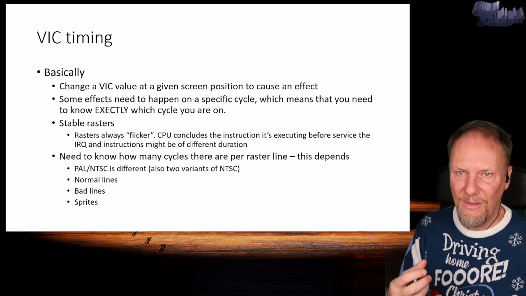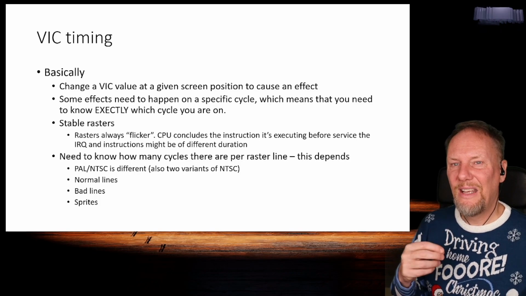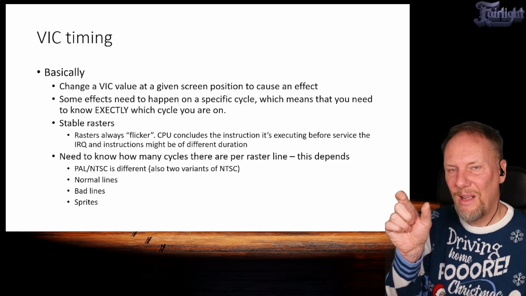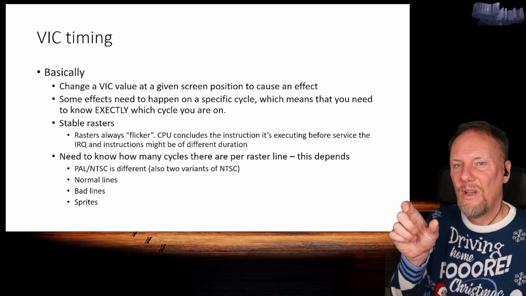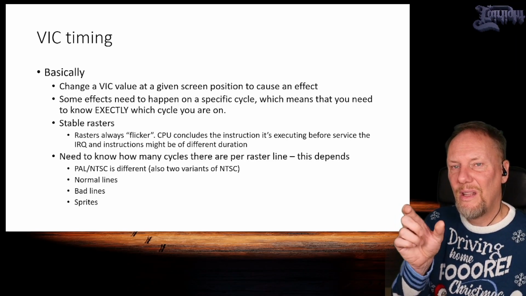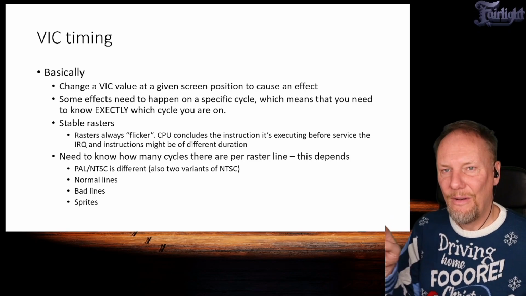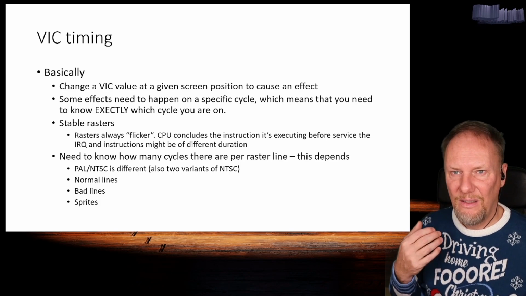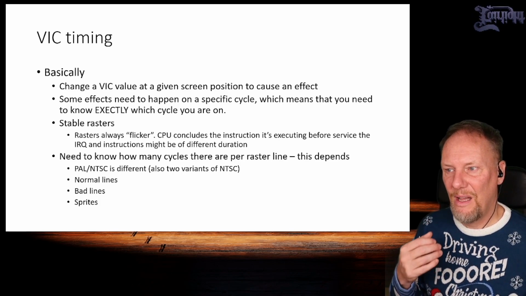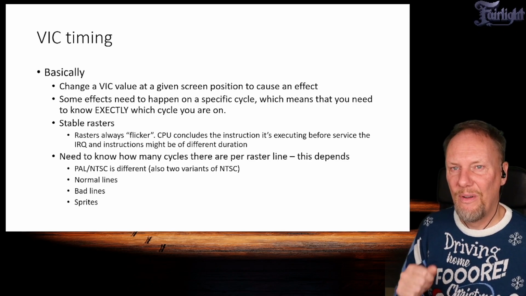And if you're setting something like a raster interrupt, they can happen within a time frame, because if you're executing an instruction when the IRQ hits, that instruction will always be done in full before the IRQ happens. And C64 has a number of instructions that take a very different number of cycles.